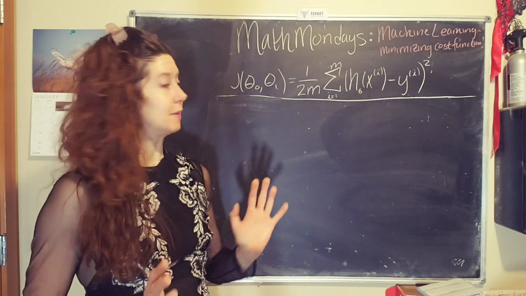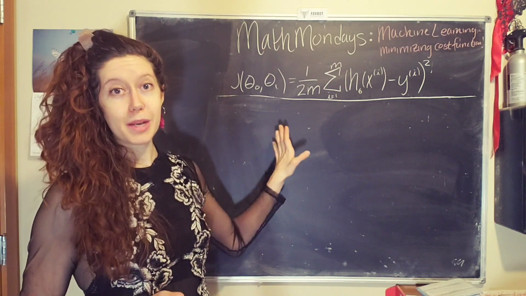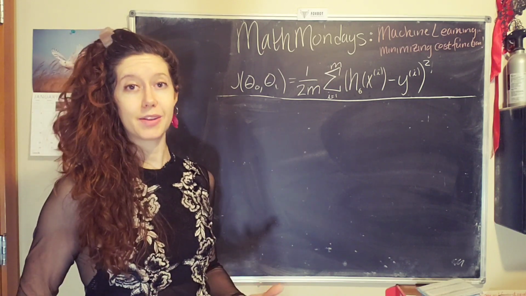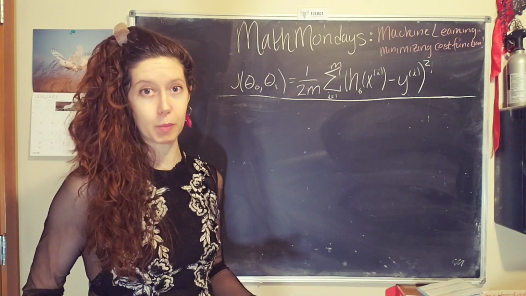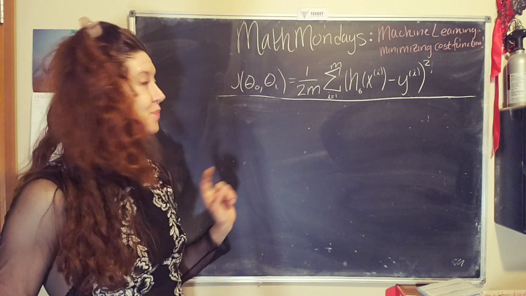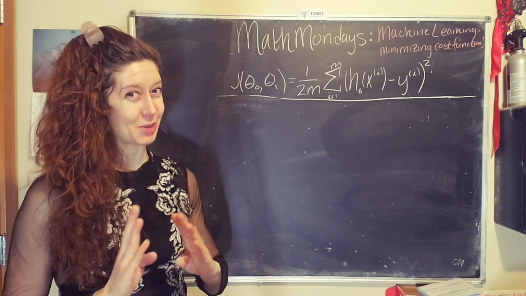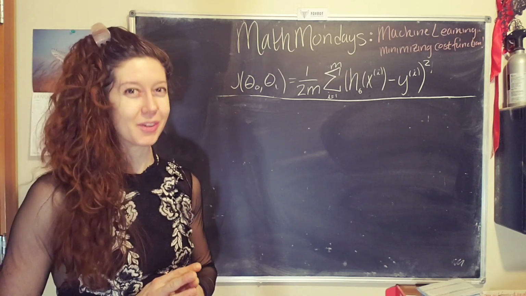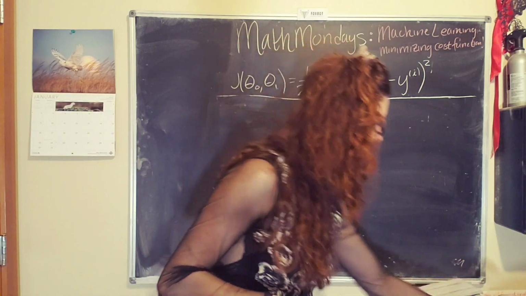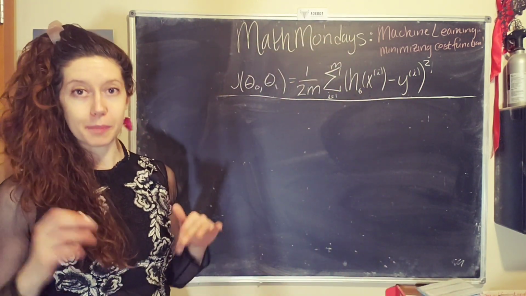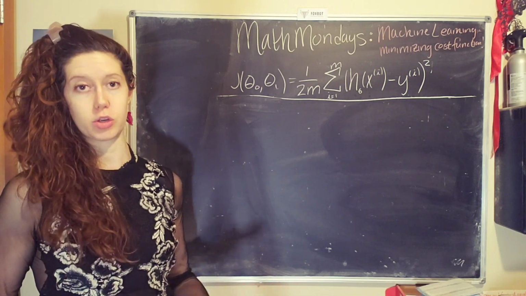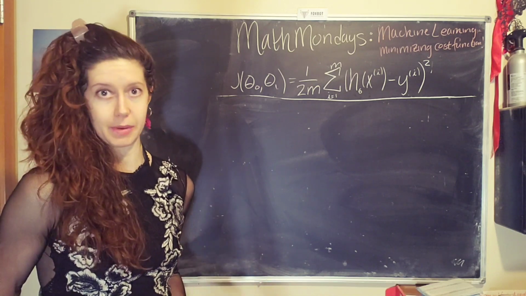We're going to work through minimizing the cost function by hand so that we can better understand what our algorithm will ultimately do for us. And since we're going to do it by hand, we're going to keep it simple. We are going to use a very basic linear equation of the form y equals mx plus b.